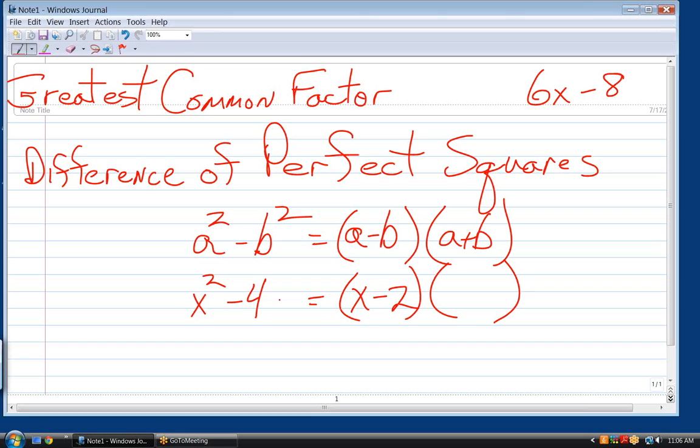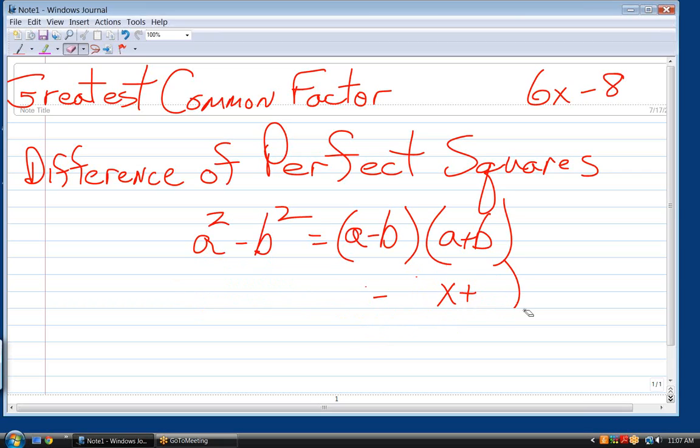So to get what difference of perfect squares factors into, just always take the square root of that term and the square root of that term. And you only need to get the first term, because the second term is what? 2. Plus 2. It's always the conjugate. It's always the same two terms, only with the opposite sign.